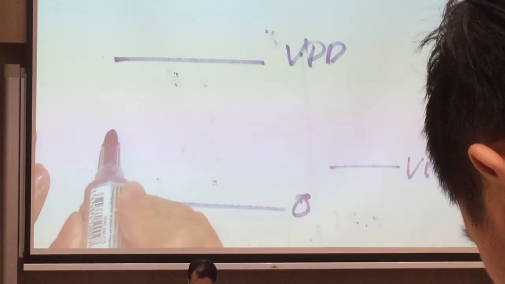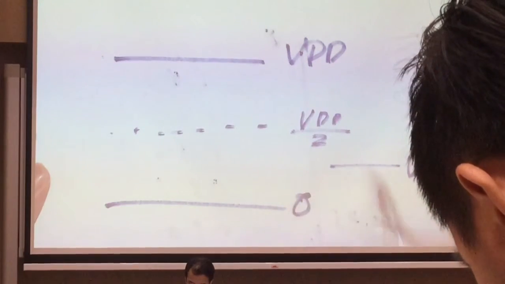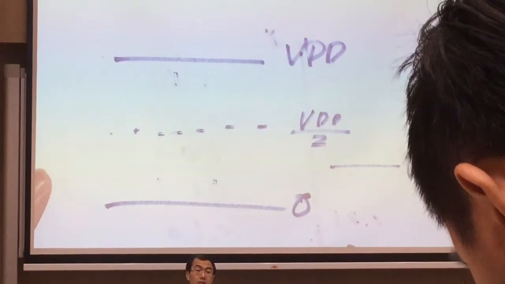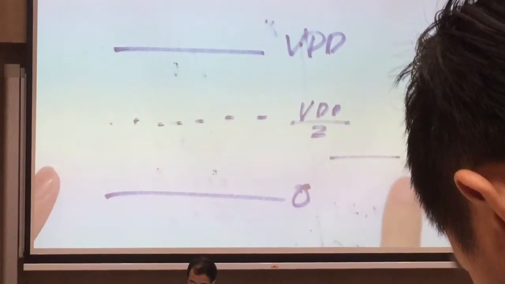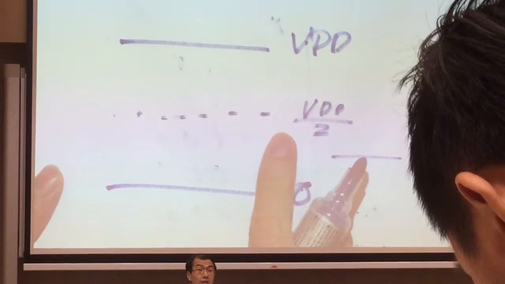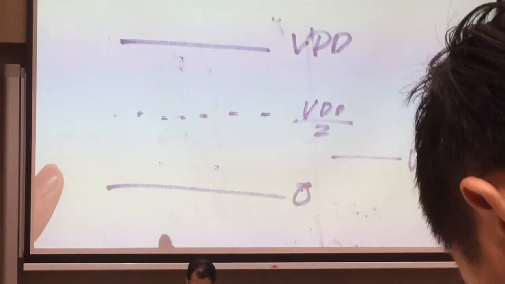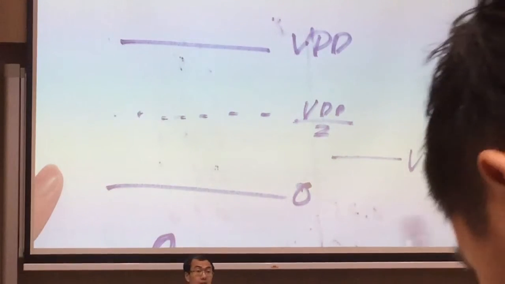The easiest way is first you compare with half VDD. If you compare Vin and half VDD, for this case it's below half VDD, so that means my first bit is 0, because it's below.